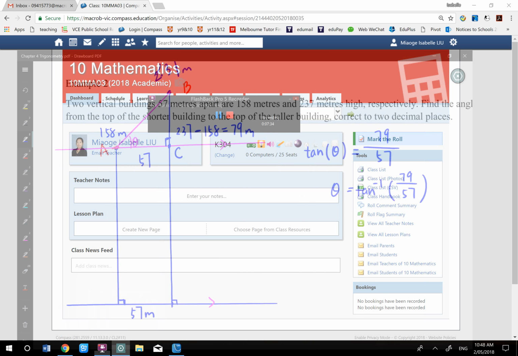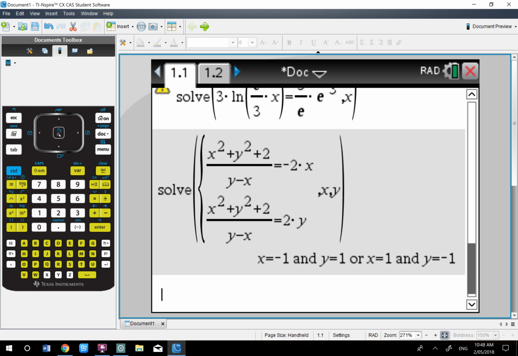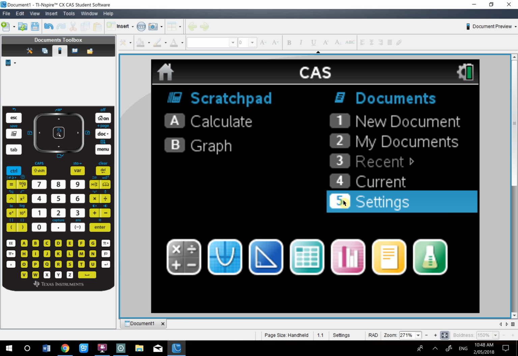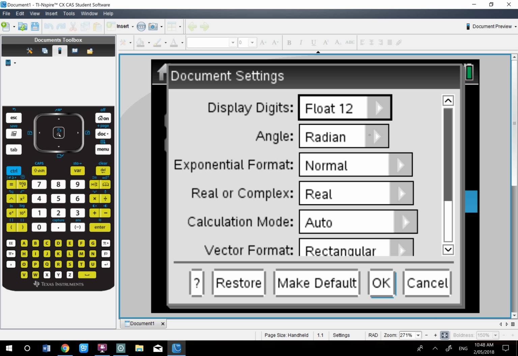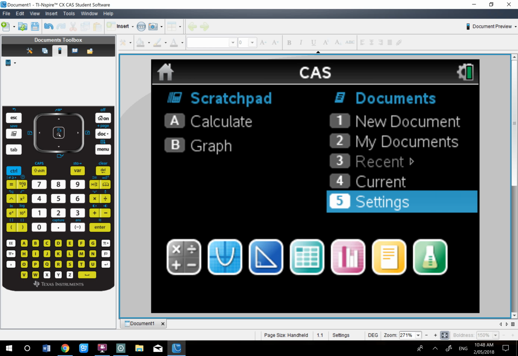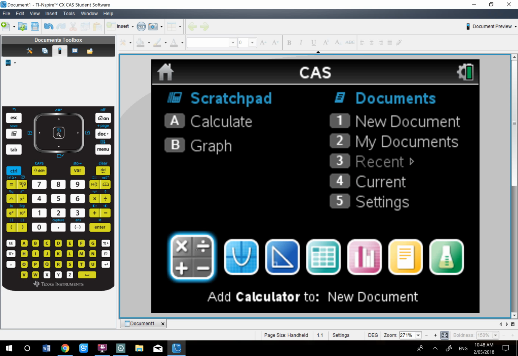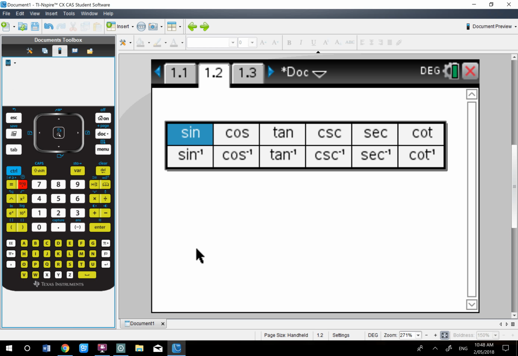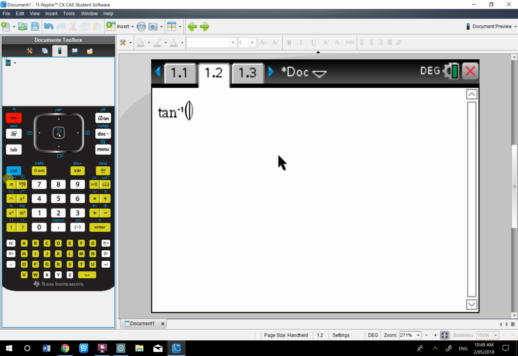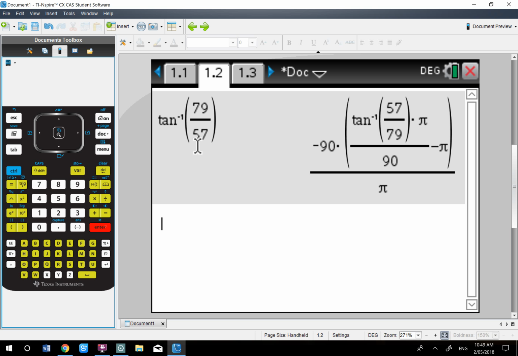So if we go to the calculator, well, my calculator is in the wrong mode. Degree mode. Better open a new one for you. So we want tan inverse 79 over 57. Press enter.